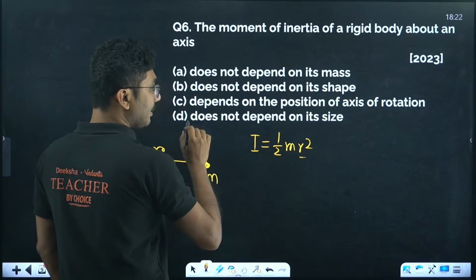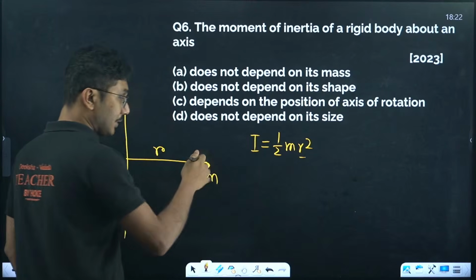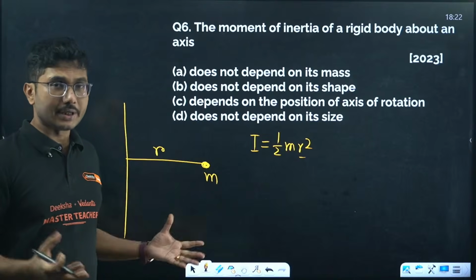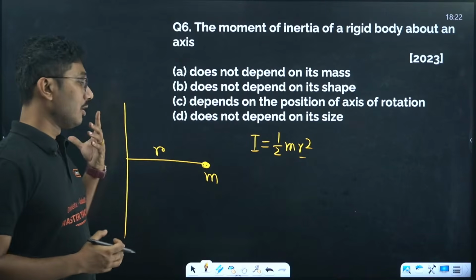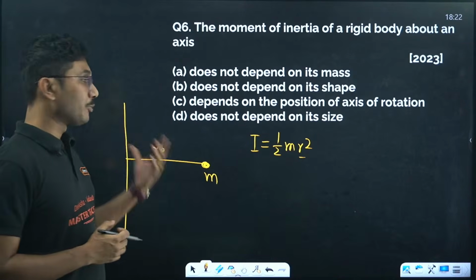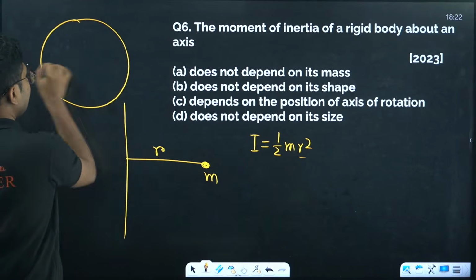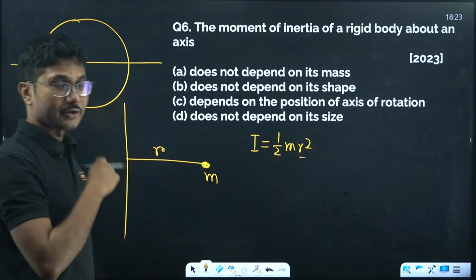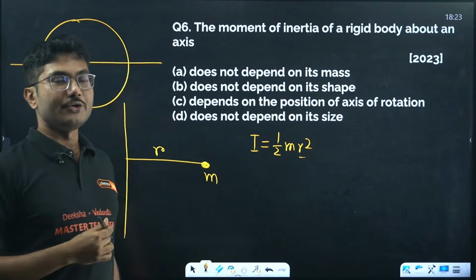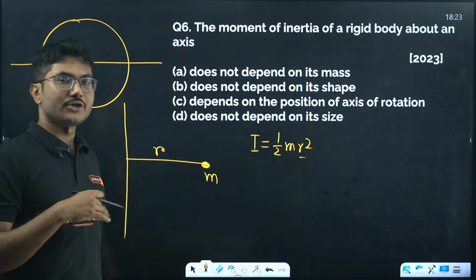Obviously it depends on the size. This is for a point mass; if the object is bigger, then you have to use the method of superposition. For example, if you consider a very big object, with the axis like this, depending upon which axis you are considering, the moment of inertia will be different.